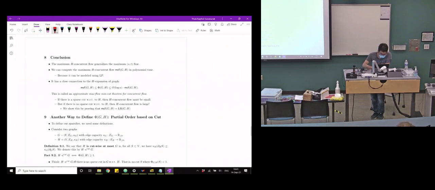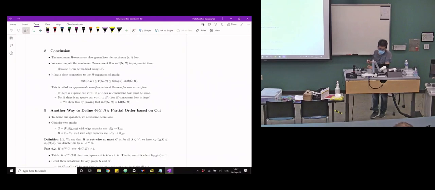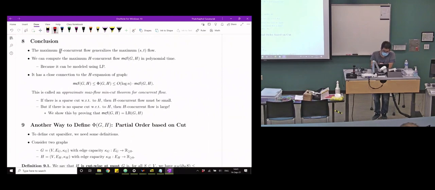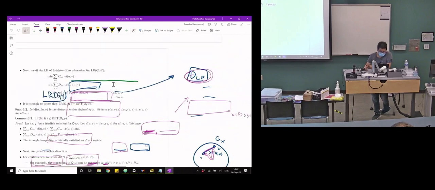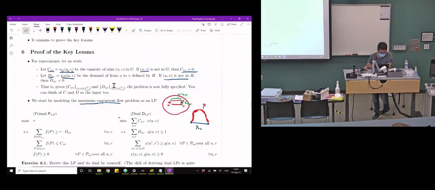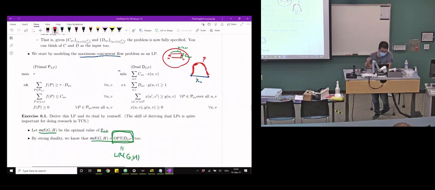All right, just to conclude, we have that max concurrent flow generalizes ST max flow, and we can indeed compute max concurrent flow in polynomial time. Well, the LP that we have seen actually is not the best LP. Why is that? Because it has exponentially many variables.